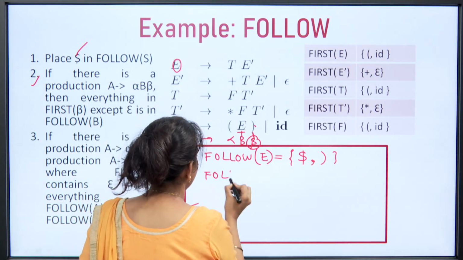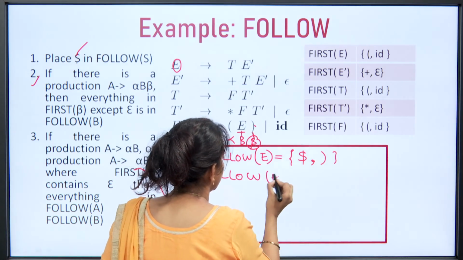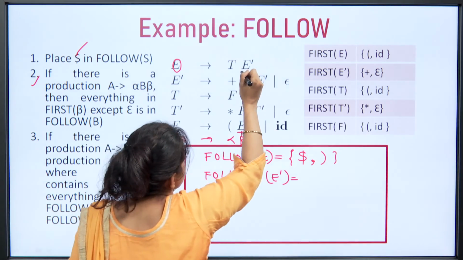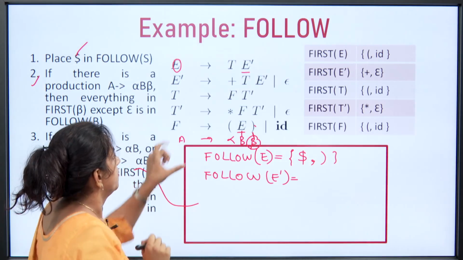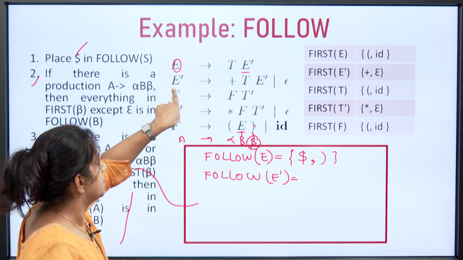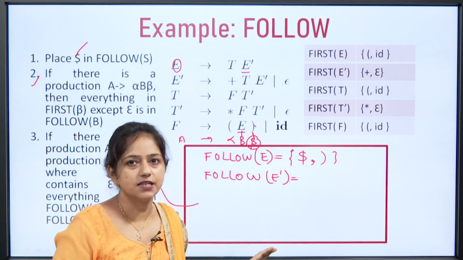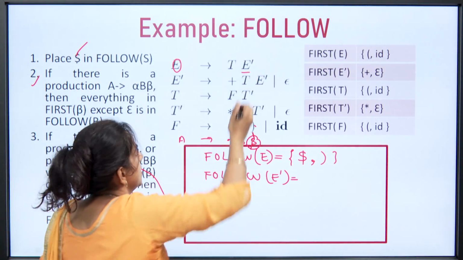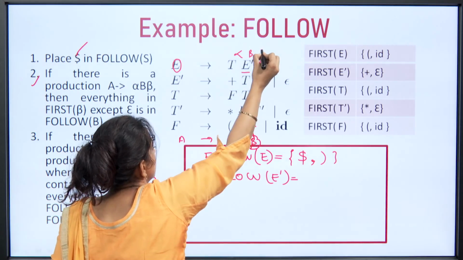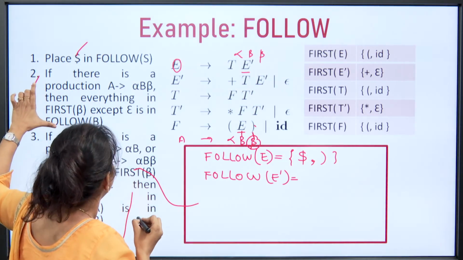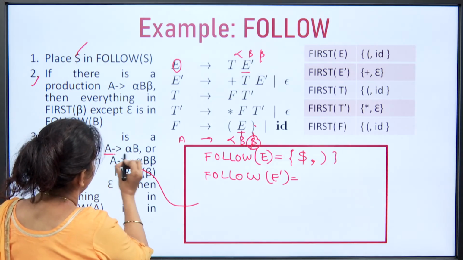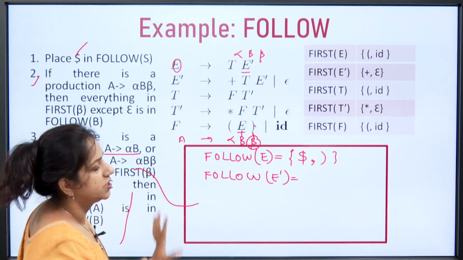So, we will obtain follow of E prime. So, again we will look at right hand side, we have this alternate. Now, we cannot apply first rule onto it because E prime is not the start symbol of the grammar. Now, alpha B beta and here we can see alpha B beta. So, we cannot apply rule 2 also because it is of this form alpha B beta, beta is equal to null.